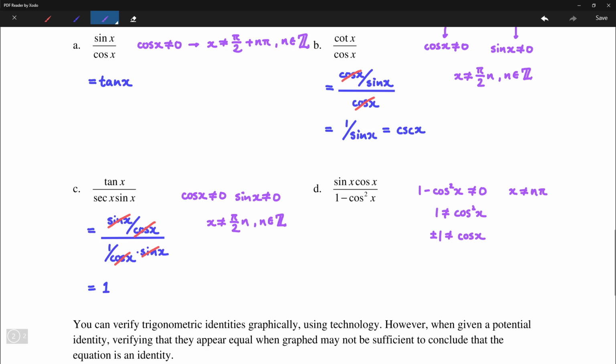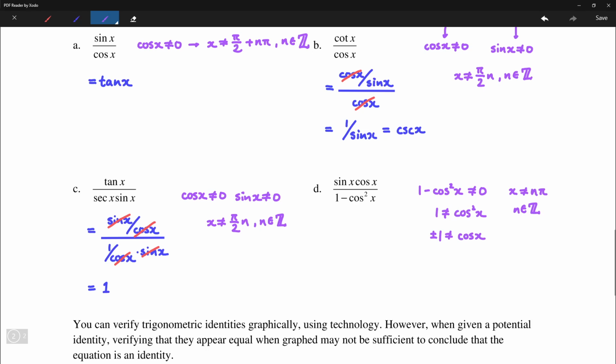If x is equal to 0, then cosine x is equal to 1, and that's not permissible. And likewise, if x is equal to pi, then cosine pi is equal to negative 1, and also that's not a permissible value. So that can be extended to include all integer multiples of pi, so x cannot be n pi, where n is an integer.